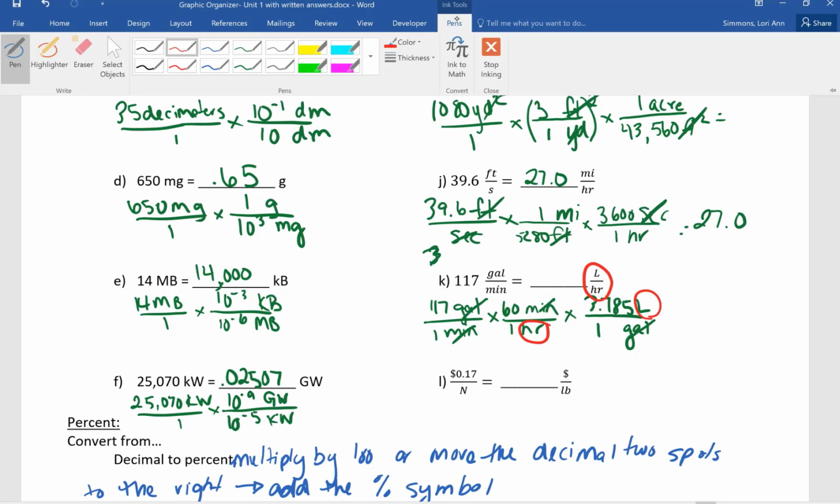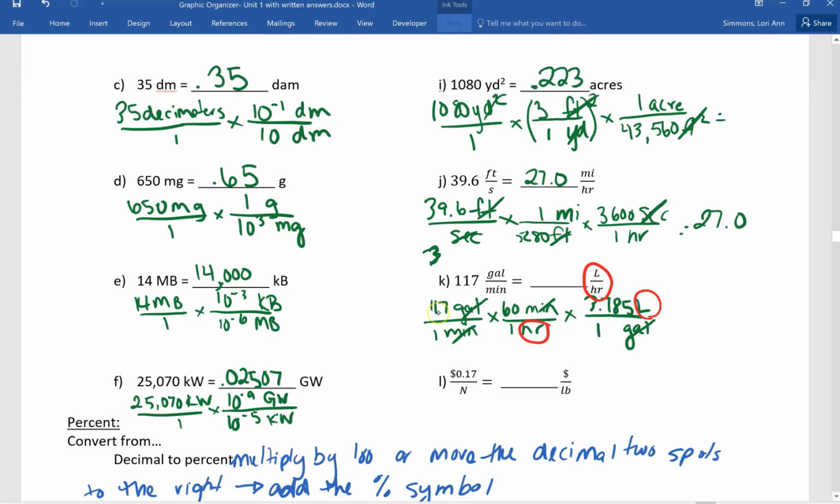When we multiply the 117 times 60 times the 3.785, we get 26,570.7 liters per hour.